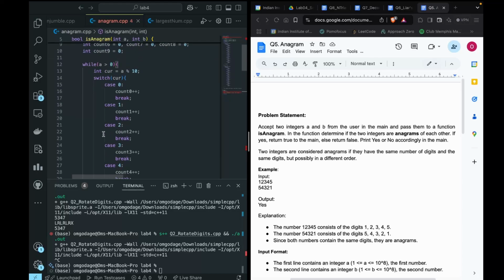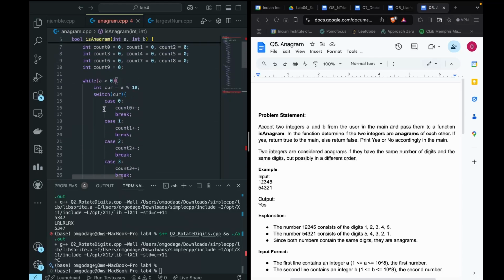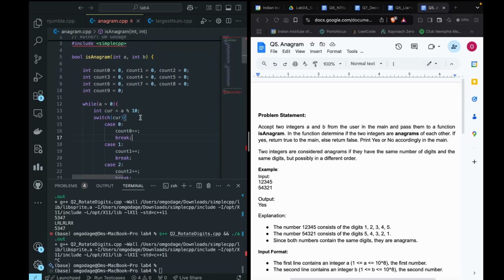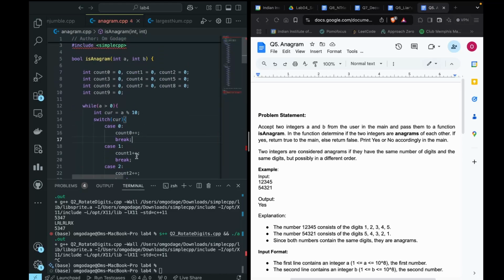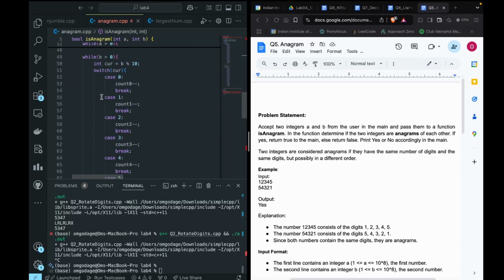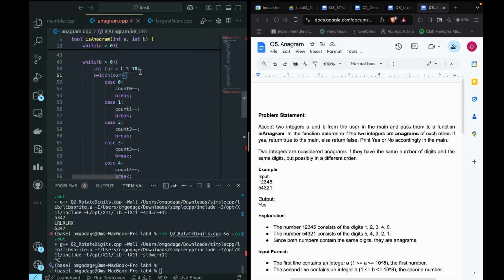So you will keep on looping through this and increment all of the counts. So the counts will store the particular counts for a. Now for b, instead of adding into another thing, you can subtract the counts of a.